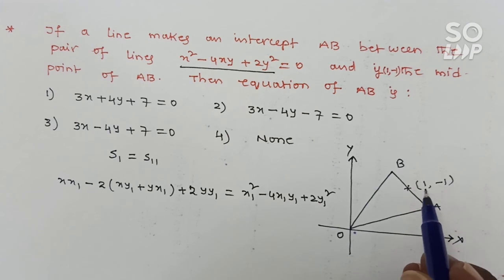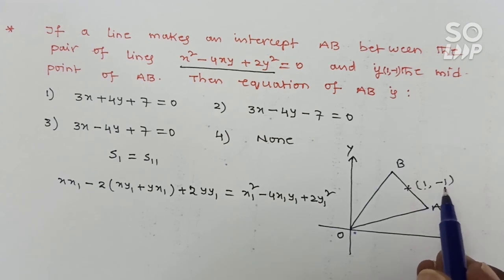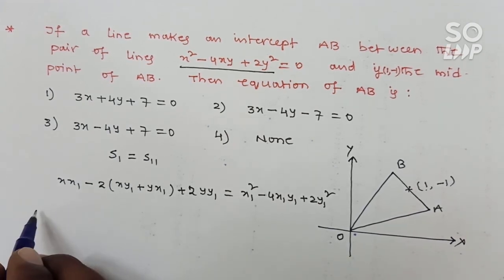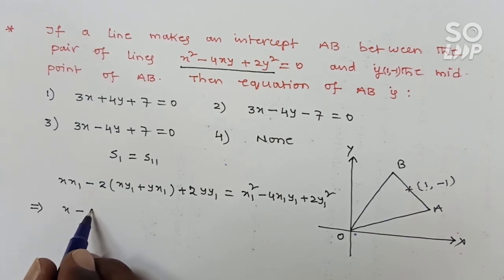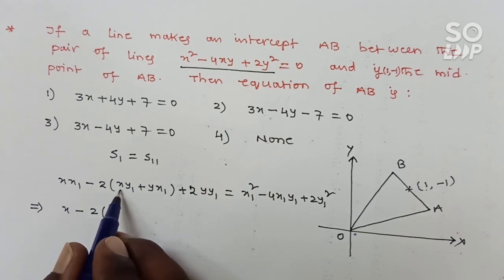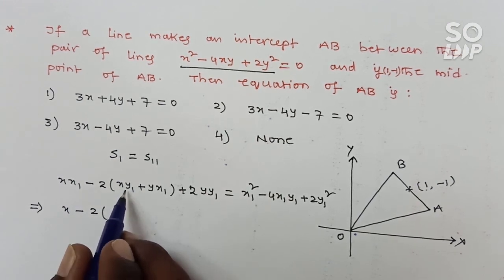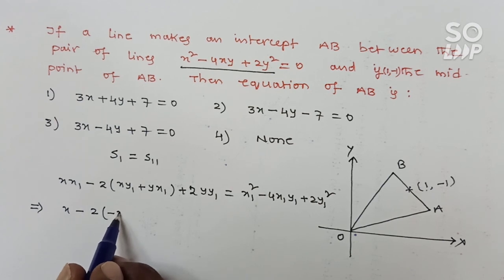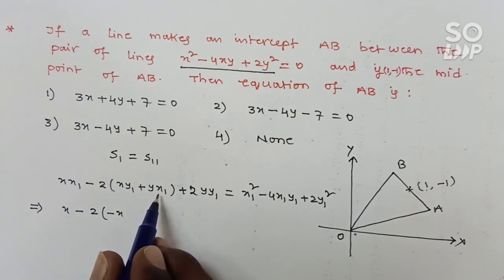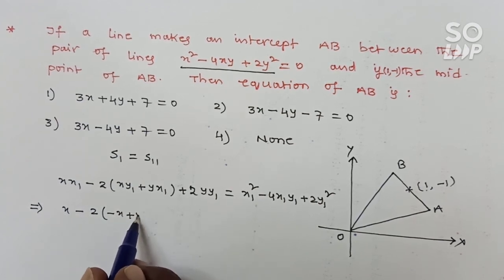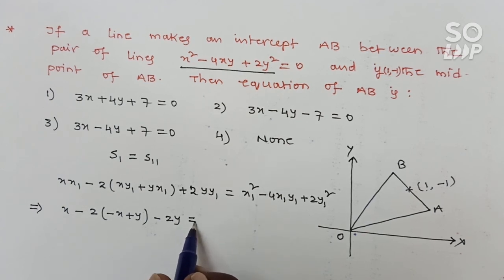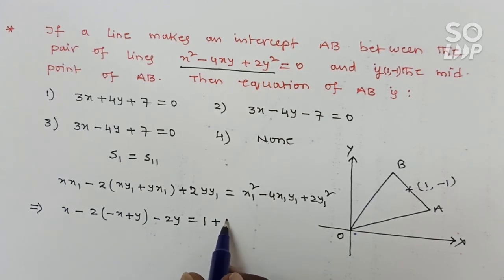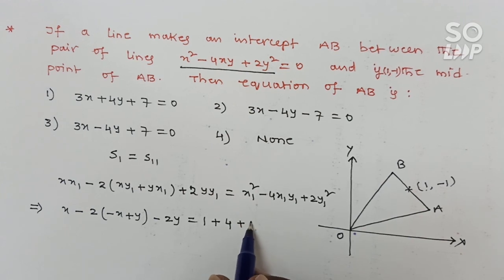Now what is meant by x1 comma y1? 1 comma minus 1. Substitute in this one. So x plus minus 2 into x into minus y1, y1 is minus 1. So minus x, here y into x is plus y. Plus, here minus 2 into y is equal to 1 plus 4 plus 2.